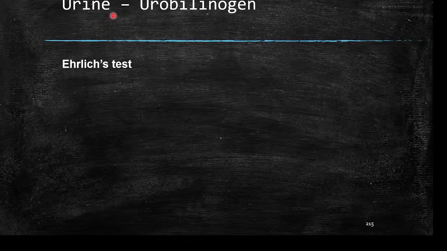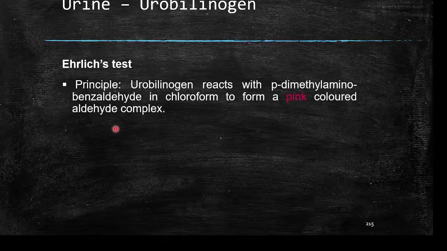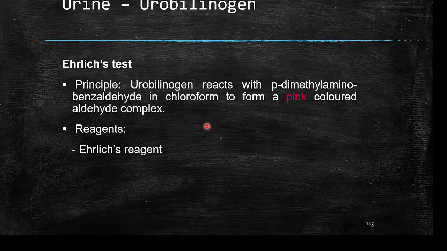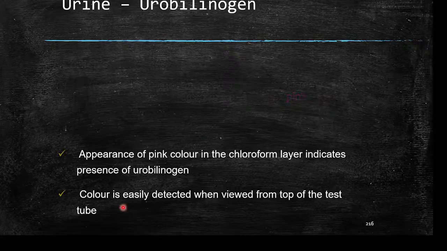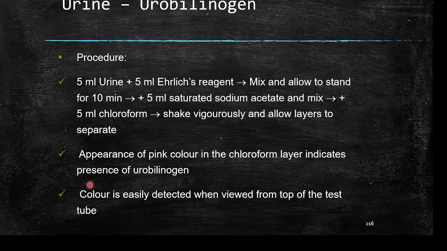So urobilinogen can be identified in urine by Ehrlich's test. Urobilinogen reacts with para-dimethylaminobenzaldehyde in chloroform to give a pink colored aldehyde complex. The reagent required is Ehrlich's reagent, and saturated sodium acetate and chloroform. The procedure is 5 ml of urine plus 5 ml of Ehrlich's reagent.